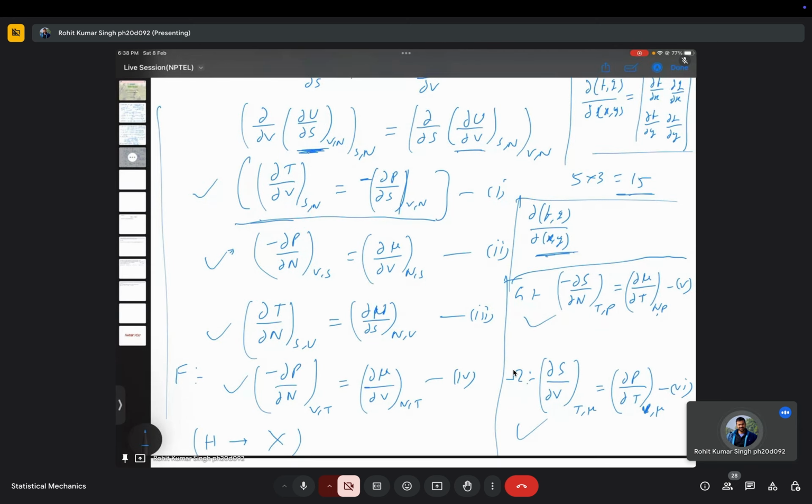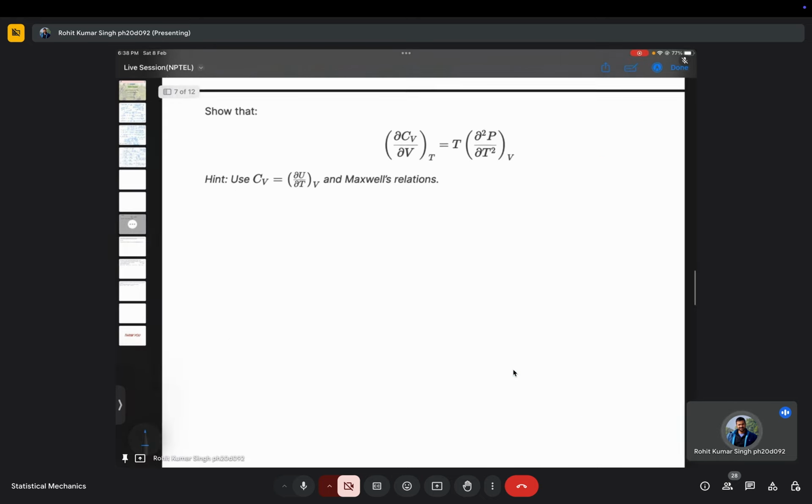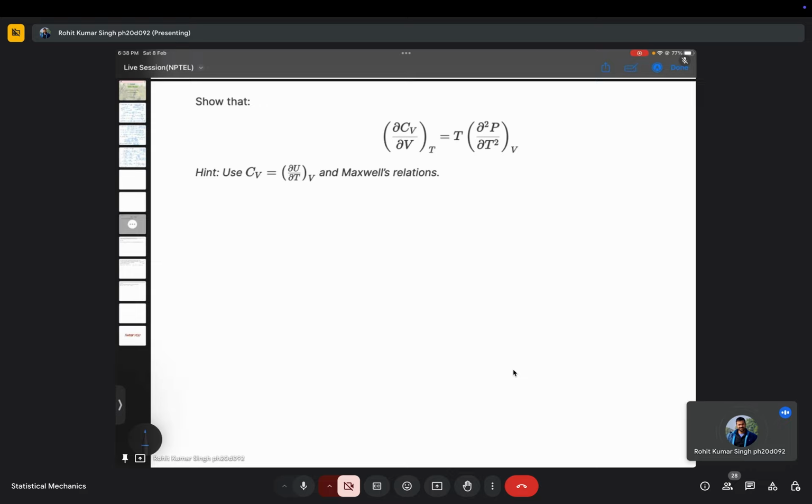So let's go to our problems. Here we have the first problem. You need to show this relation using Maxwell relations, where CV is the specific heat at constant volume.